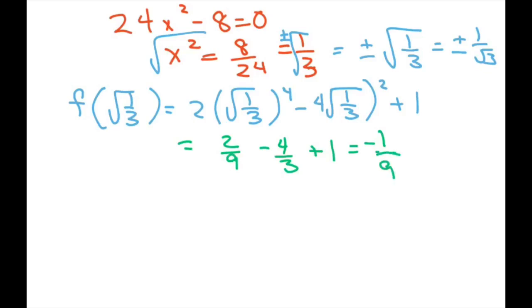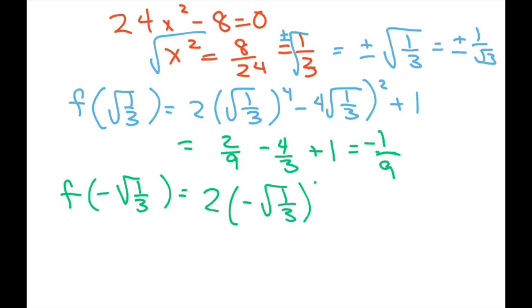Now, do the same for the negative. And this is going to equal 2 times negative square root of 1/3 to the fourth, minus 4 times negative square root of 1/3 squared plus 1.